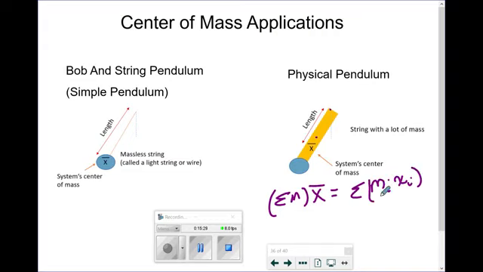So we'd actually then have to solve for what this center of mass would be, using this as my origin, using half my length for the rod, and using the full length for the position of the bob itself. Then I could calculate what the center of mass length would be to use for the length of the pendulum.